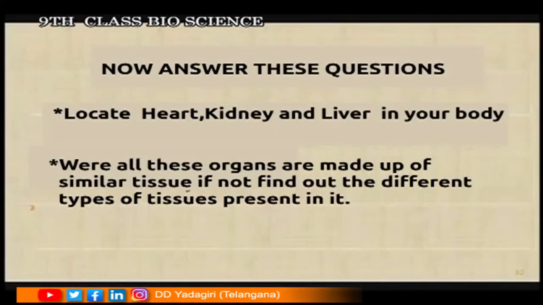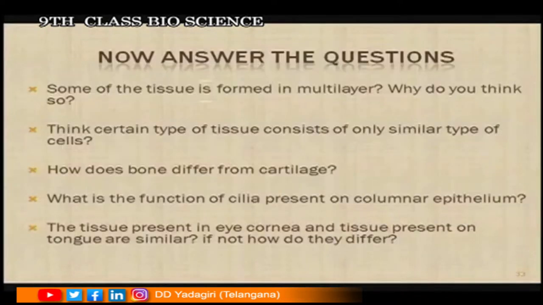Dear students, now discuss these questions with your teachers. Locate the heart, kidney and liver in your body. Are all these organs made up of similar tissue? If not, find out the different types of tissue present in them. Some tissue is formed in multiple layers.